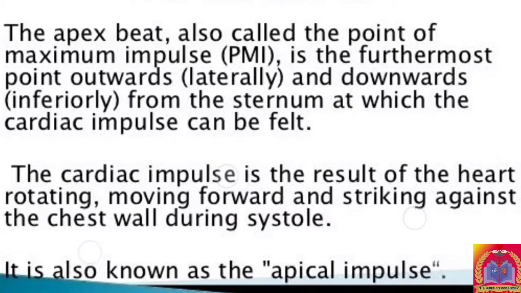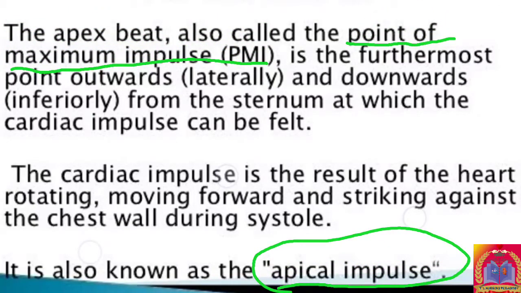The cardiac impulse is the result of the heart rotating, moving forward, and striking against the chest wall during systole. It is also known as the apical impulse. So friends, the apex beat is also called the point of maximum impulse and the apical impulse.